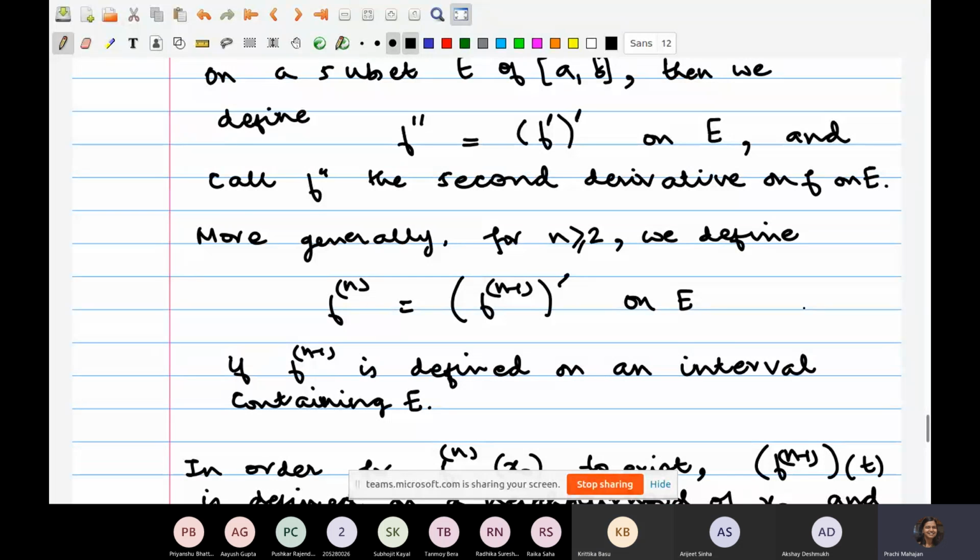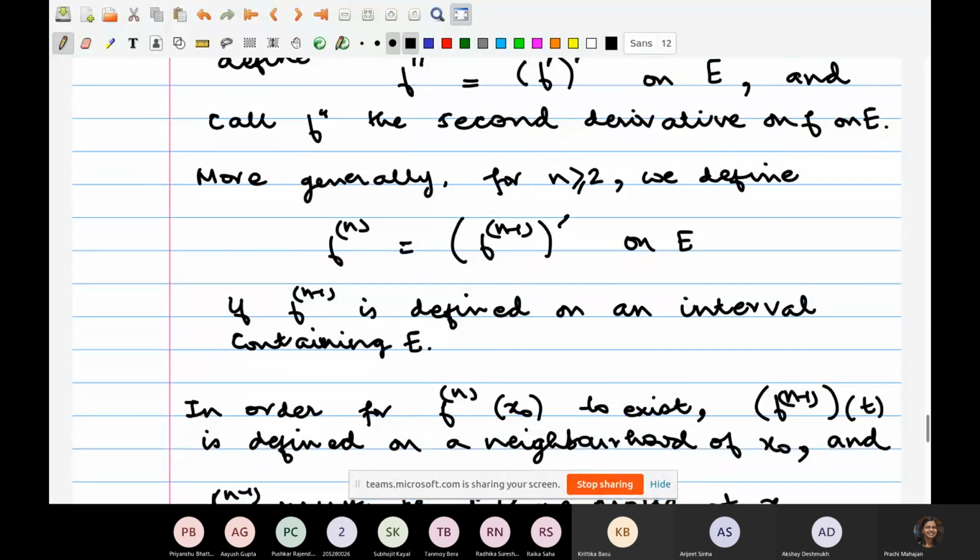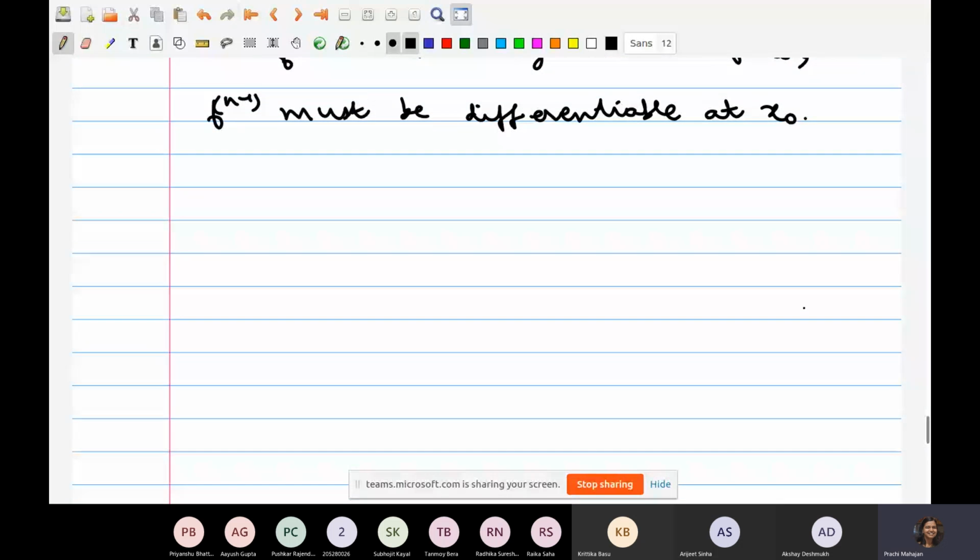So let me try to see what we can say about Taylor's theorem. Suppose I have a function which is differentiable n times at a point x naught. Let's just do an observation.